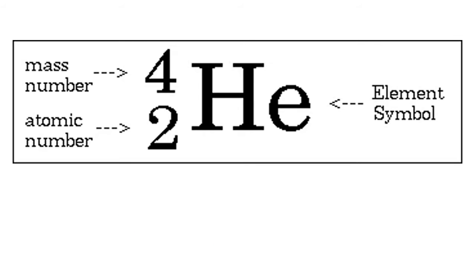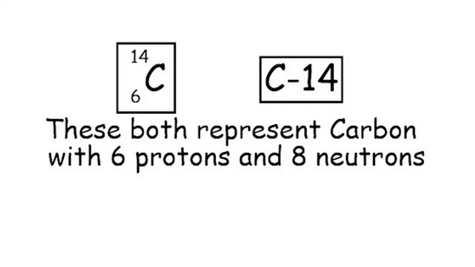Here we have atomic notation. Notice the atomic mass is on top and the atomic number is beneath. Both of these are representations of carbon-14. That means carbon, which has an atomic number of 6, has 6 protons, and how many neutrons?